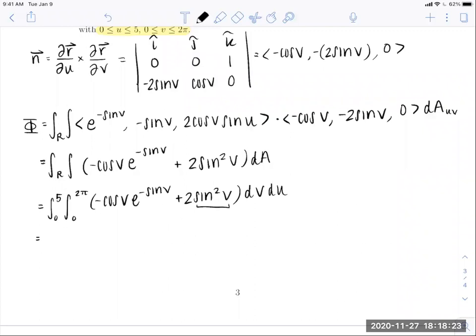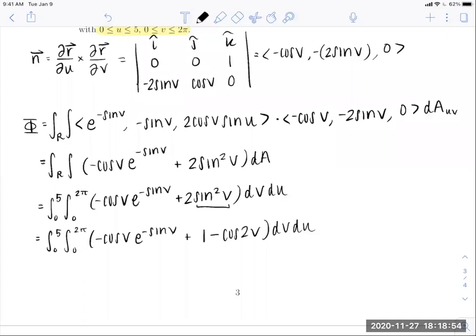Remember, it kicks out a 1/2, which is going to cancel with that 2. So I have a negative cosine v e to the negative sine v, and then plus, the 1/2 goes away, 1 minus cosine 2v, dv du.